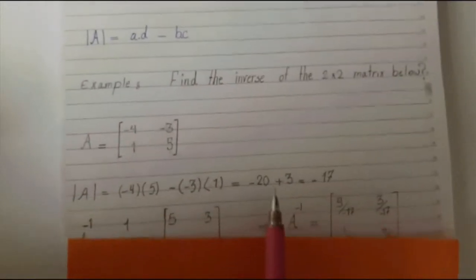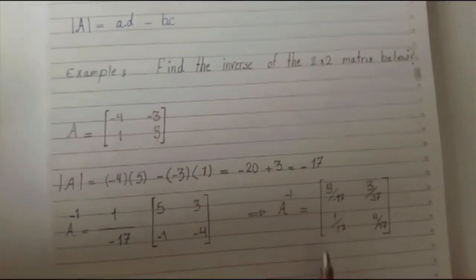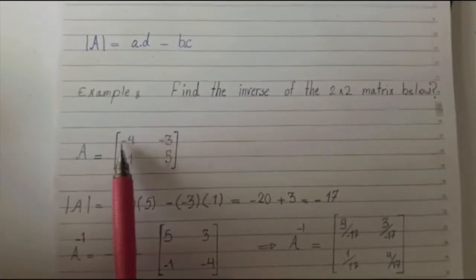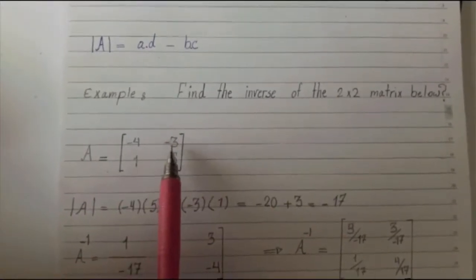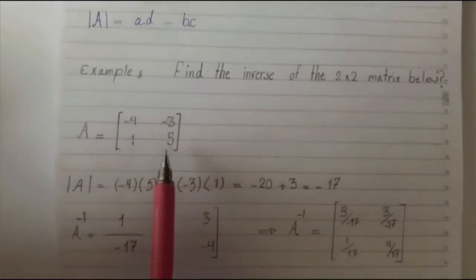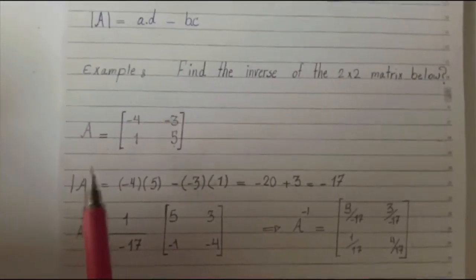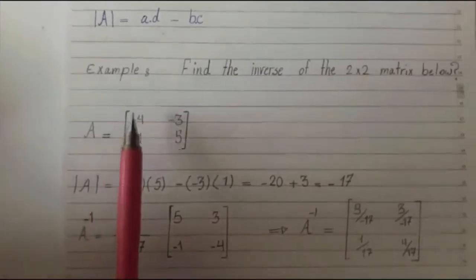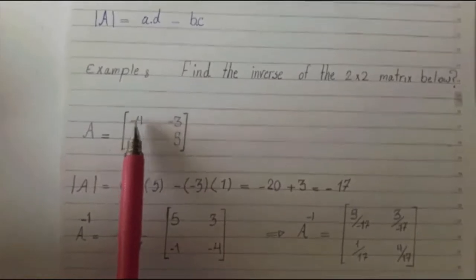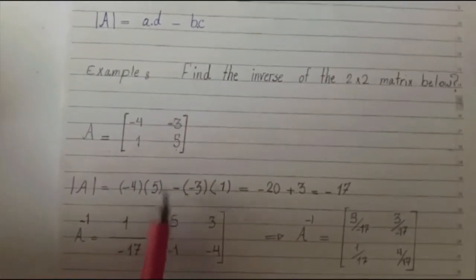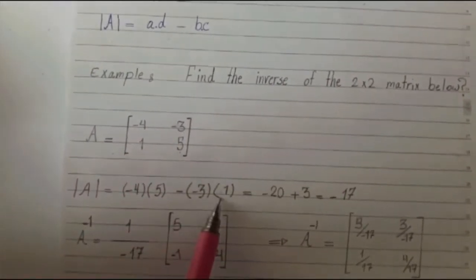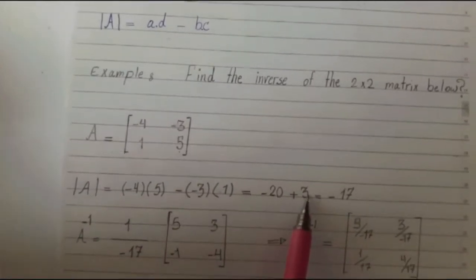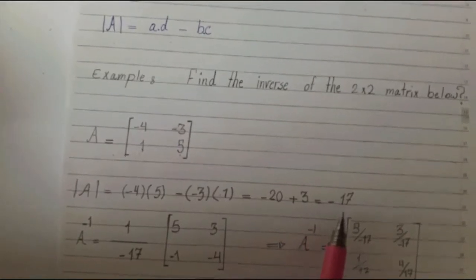Find the inverse of a 2 by 2 matrix below. This is our matrix A with these elements: negative 4, negative 3, 1, and 5. So, first of all, we want to find the determinant of this matrix. So we have negative 4 times 5 minus negative 3 times 1, which is equal to negative 20 plus 3, is overall negative 17.